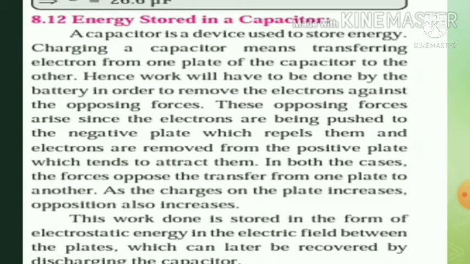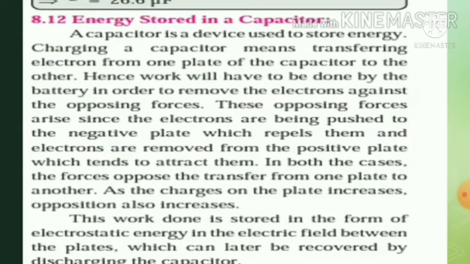In this derivation we find the relation between capacity, charge and potential, and the energy of the charged capacitor or condenser.